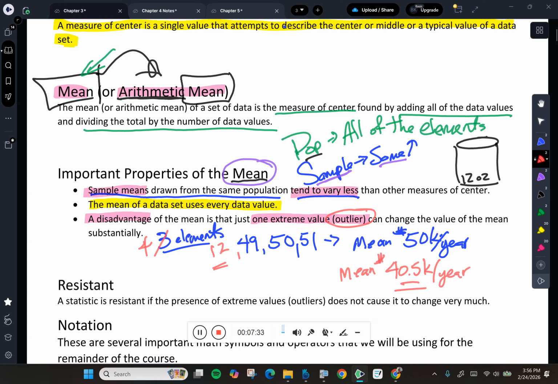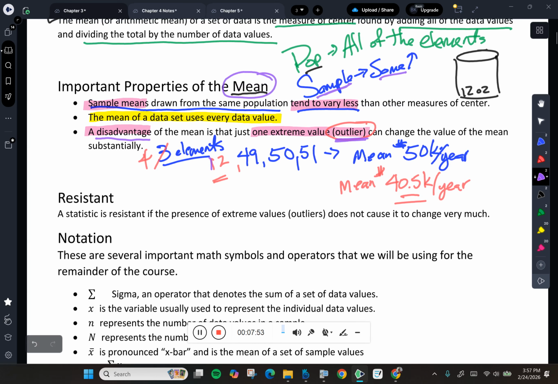If their friend wasn't an outlier, like if instead of 12 they made 42,000, then yeah, the mean would have gone down, but it wouldn't have gone down drastically. So one of the disadvantages is that outliers can really affect your mean. We have a term for that, right?